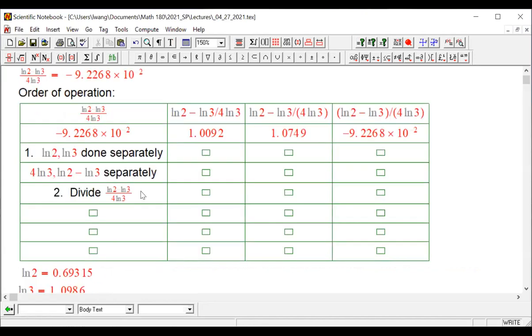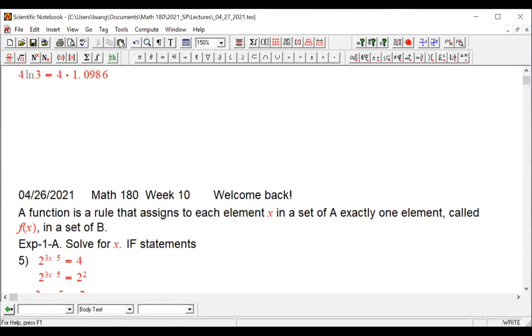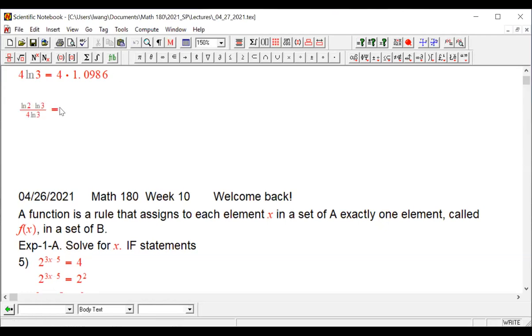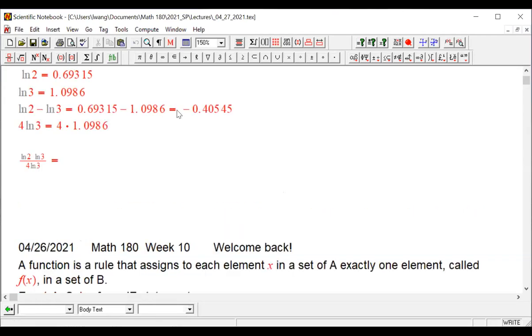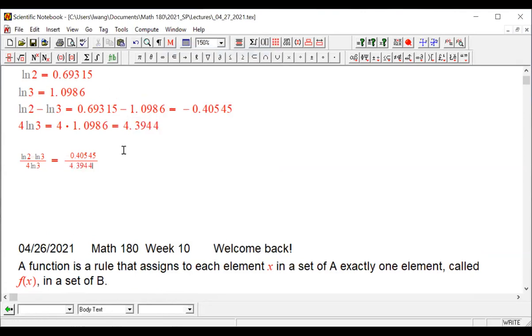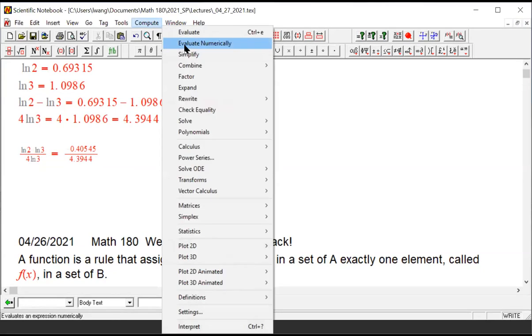And last but not least, now I'm putting these together. So this is pretty much the steps you will do. You take this number from ln2 minus ln3, and you take this number, of course, this 4 times that is 4.3944. You put it over here, then you divide.